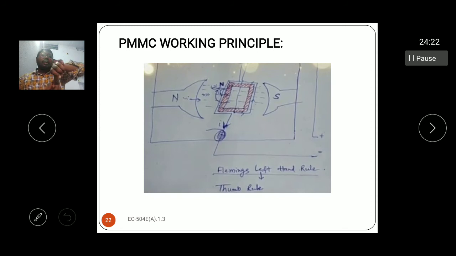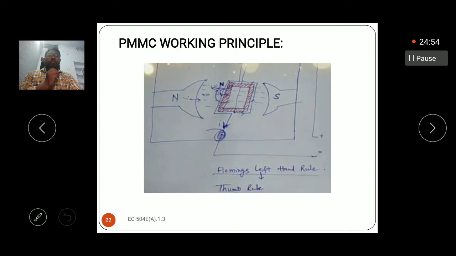Then the magnetic field is cut by this motion of the coil. Here the north pole is present, and the direction is opposite to the upward direction. Here we get the north pole, and here also we have the north pole. That means both repel each other. Then finally, we observe that a force is established between the coil and the magnet.